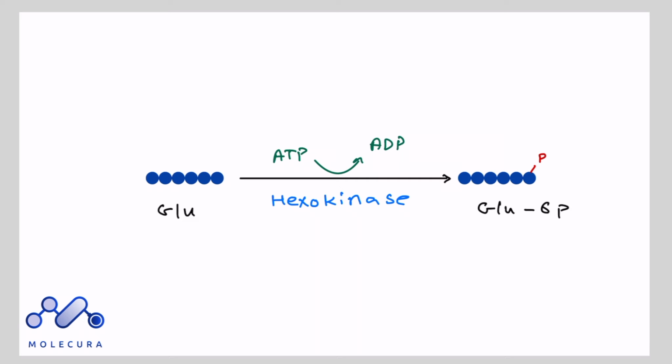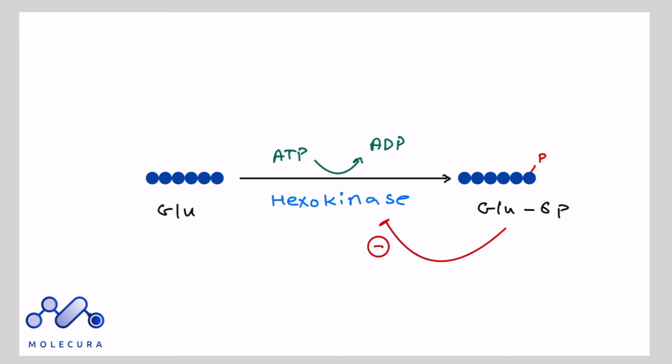This step is going to be regulated by glucose 6-phosphate itself. So when this reaction is happening a lot, we are going to have a lot of glucose 6-phosphate, and what happens is that glucose 6-phosphate comes and tells hexokinase that we already have enough. You can go ahead and you can stop this reaction from going any further.